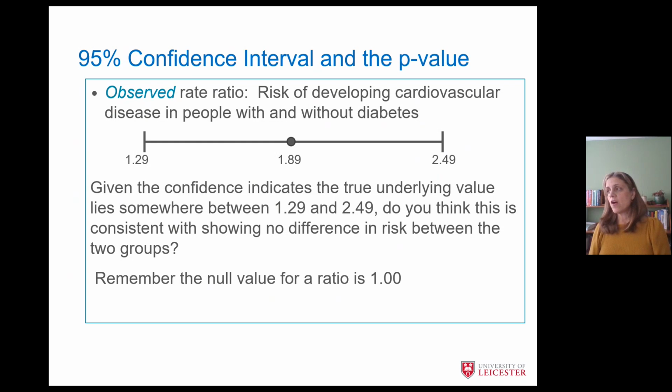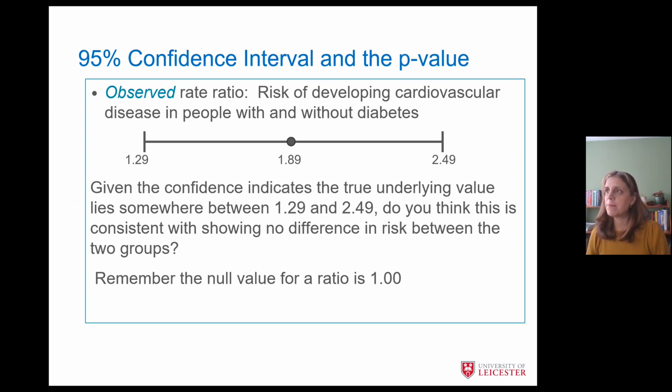So we can look at that confidence interval and think about whether that's showing a statistically significant result or not. Because if you remember, the confidence interval was telling us what we thought the possible plausible values for the true underlying value in the population were.